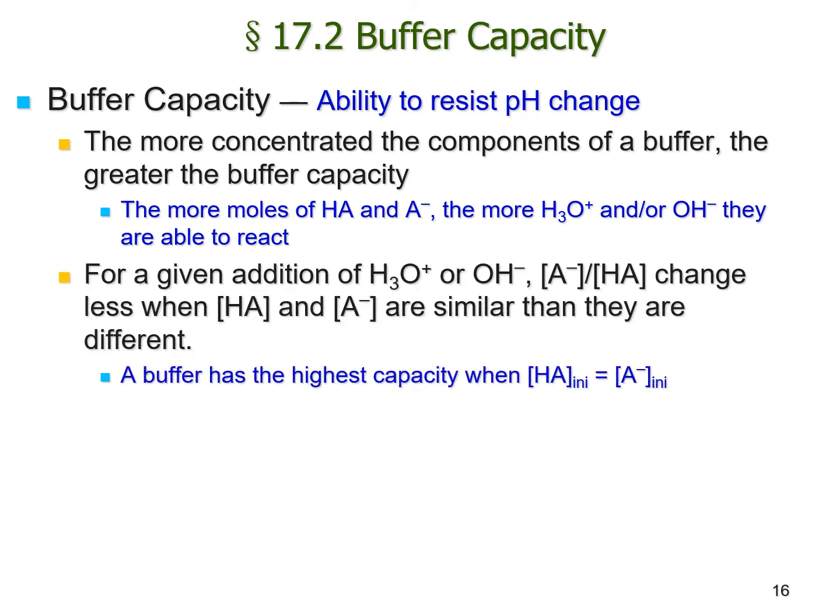Second, for a given addition of hydronium or hydroxide, the ratio of this pair of conjugates changes less when those concentrations are similar than when they are different. This is very difficult to understand, so let's put it in a different way. A buffer solution has the best capacity when the concentrations of this pair of conjugates are the same.